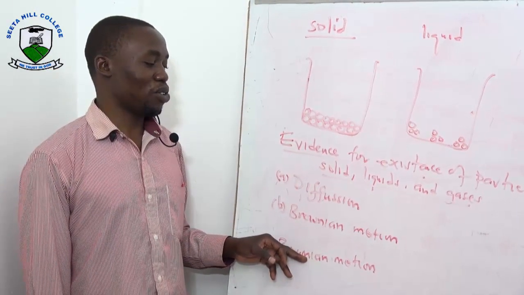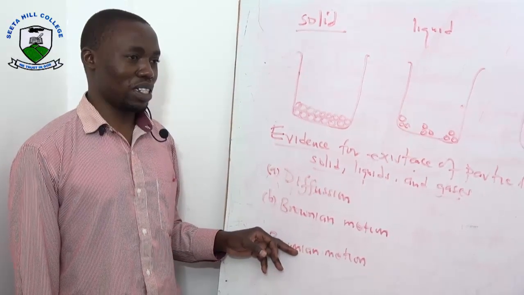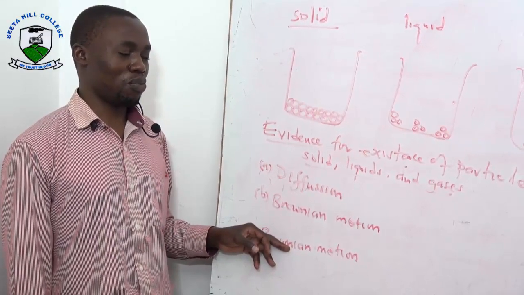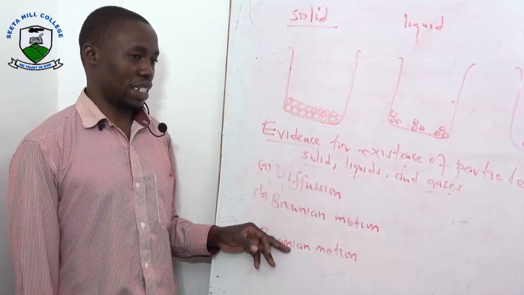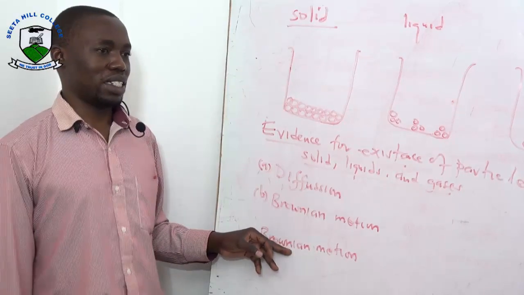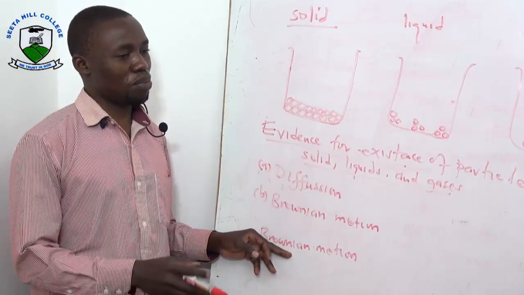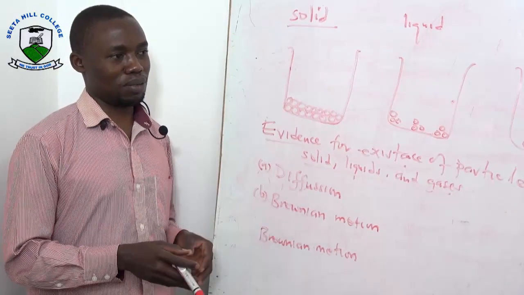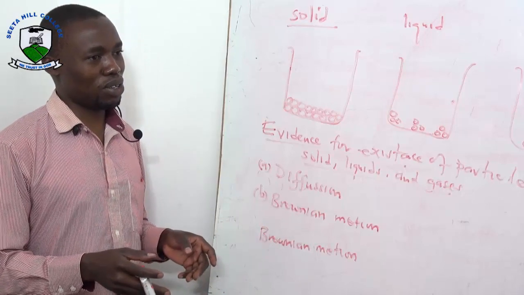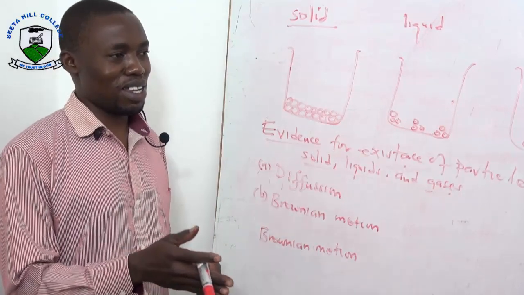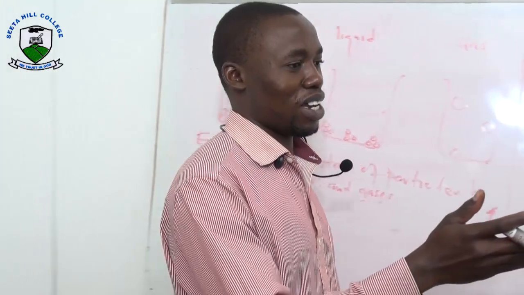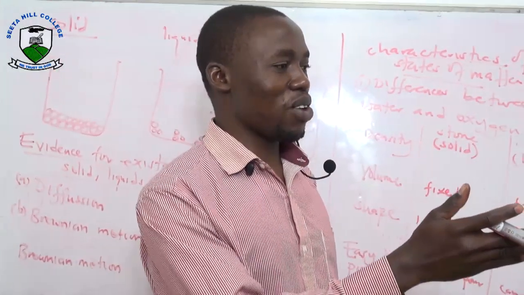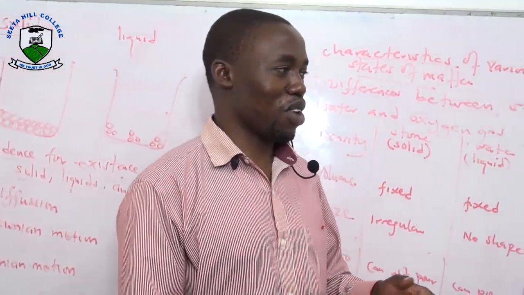And dust particles were moving randomly from place to place. Now, why were dust particles moving randomly from place to place? Do you have an explanation? Yes, Yuko, you seem to have an idea again. Yes. Why were dust particles moving randomly?